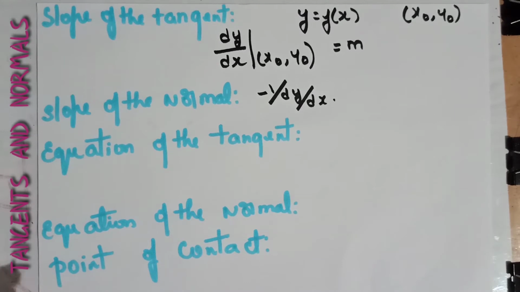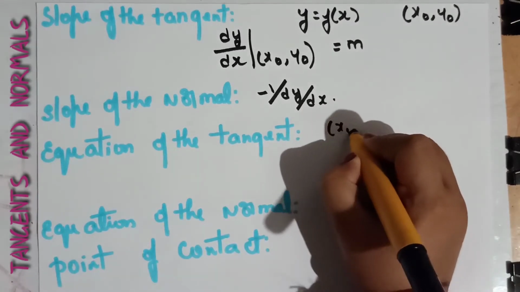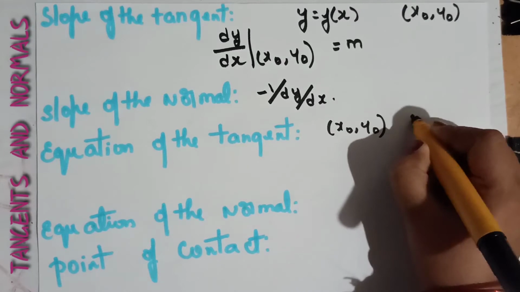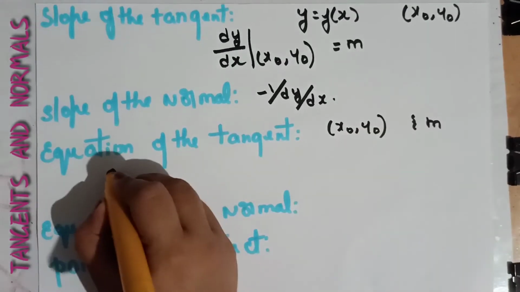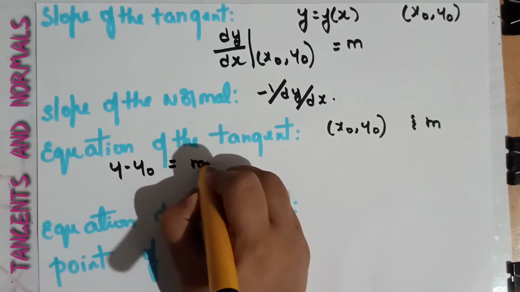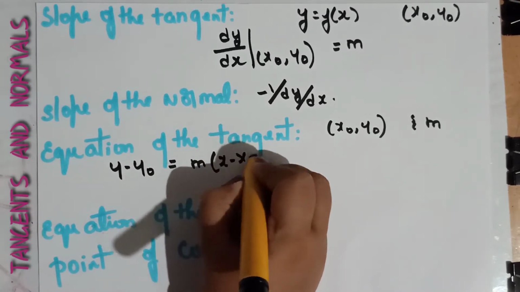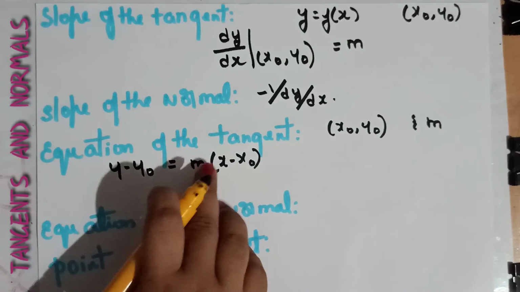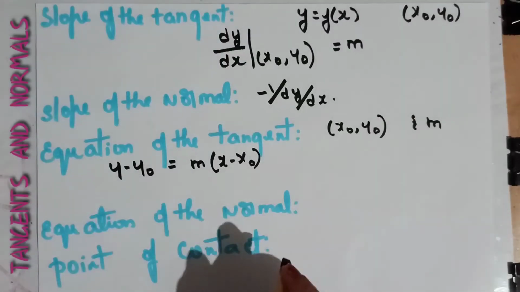Now coming to equation of the tangent, we will just recall the equation of a straight line that passes through the given point x naught comma y naught and has slope m. It is given by y minus y naught equal to m into x minus x naught. Now here we know the slope of a tangent, that is dy by dx.